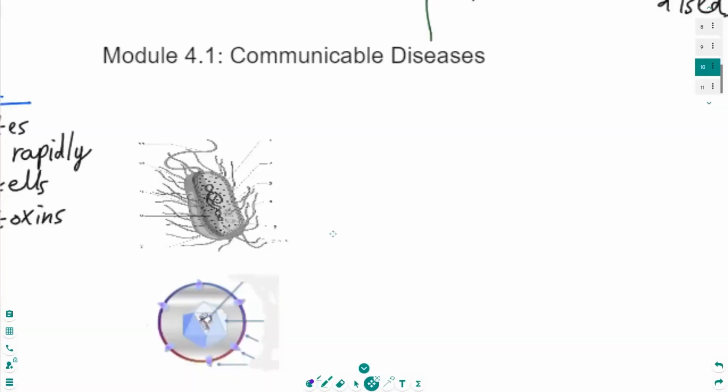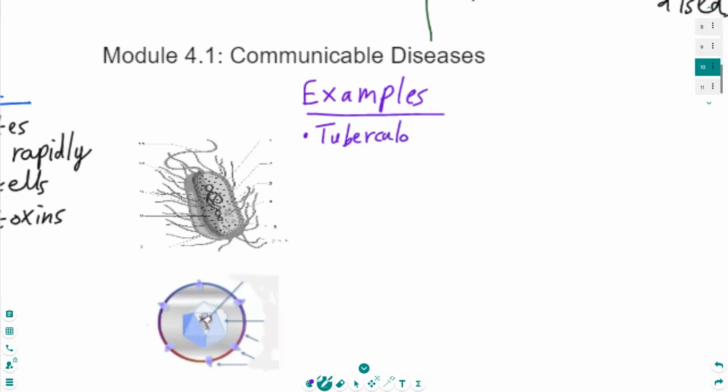Now we're going to use examples. I'm going to do purple for examples. Examples include tuberculosis and bacterial meningitis. There's also viral meningitis, but you don't need to know that one.